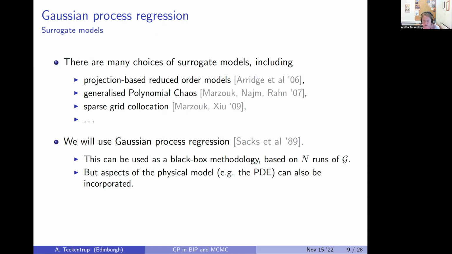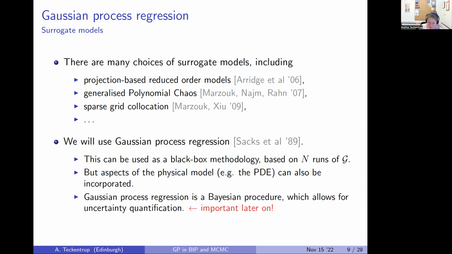Whether this is a multi-scale PDE or multi-phase or multi-physics, it can be very complicated. That doesn't really matter for this method as long as you're able to solve it. Having said that, you can try and make it a gray box methodology where you are using some of the constraints that you have, for example, that you're solving a PDE, and I'll come back to that later on.